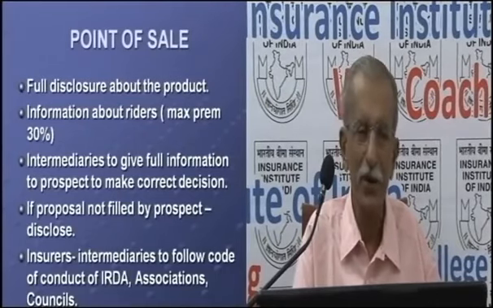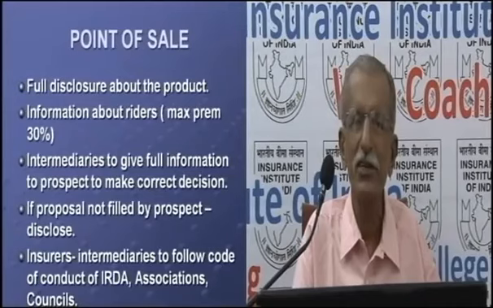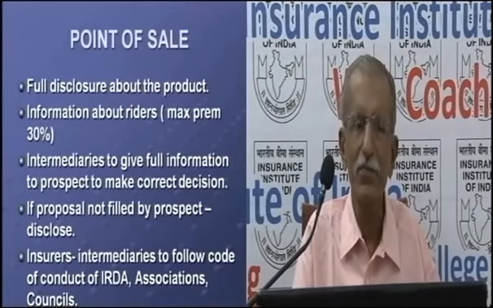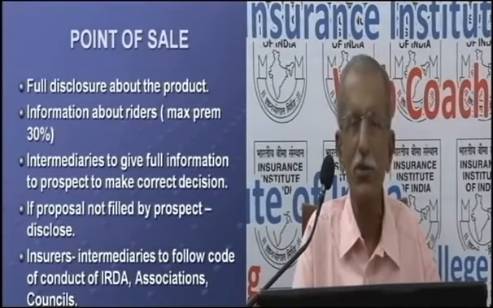That is very important. Insurer and intermediary are to follow the code of conduct. There are codes of conduct for agents, corporate agents, brokers, even for insurance companies. And certain associations like the Indian Broker Association also have their own rules and regulations, code of conduct. Those are to be followed.